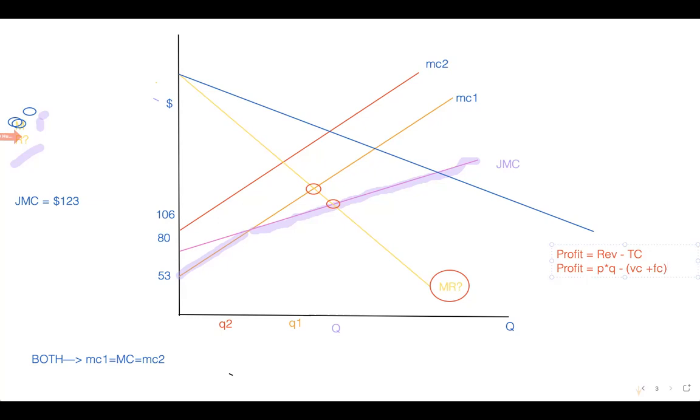The fixed cost will be given in the problem. The variable cost is just the area under the marginal cost curve. So you have to do some calculations to figure out the variable costs for each of them based on their marginal cost curves and how much they're producing.